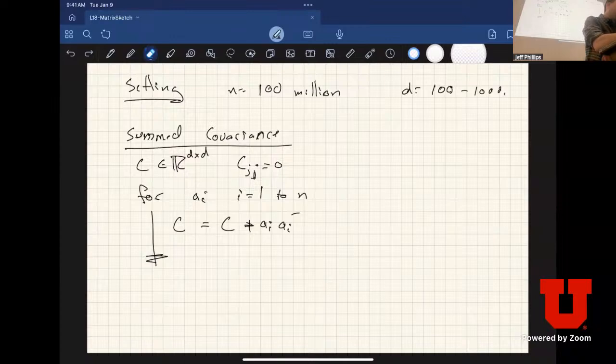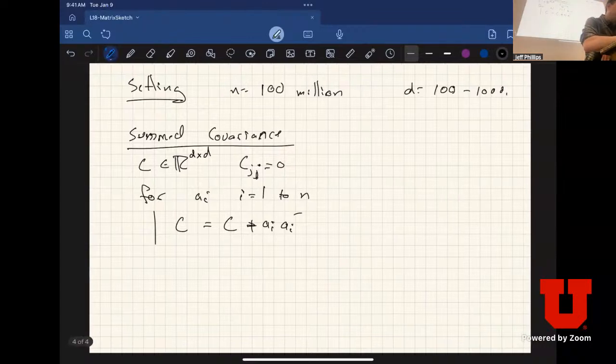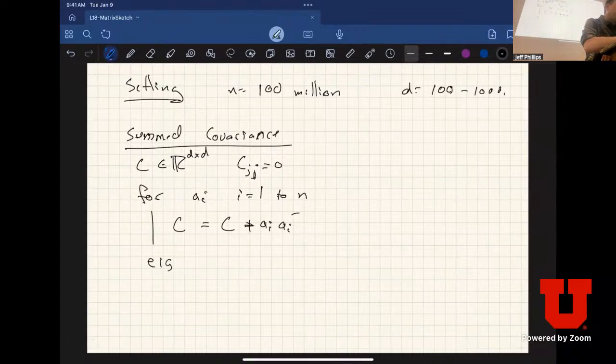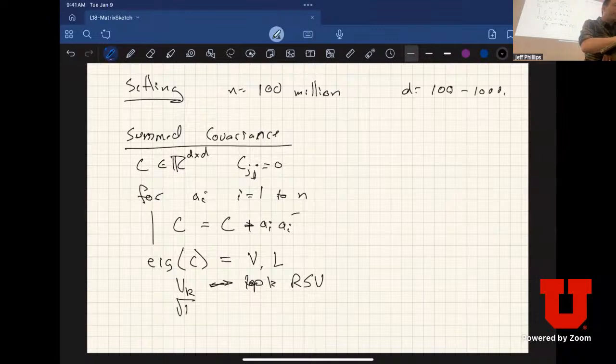Then at the end of this, we're going to do the eigen decomposition of C to get V and L. We're going to say that V_k are the top k right singular vectors, and the square root of L are my singular values.